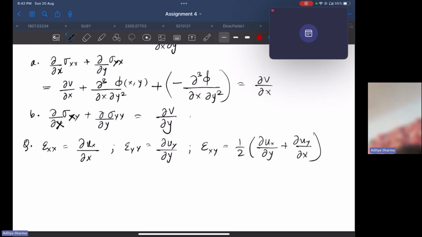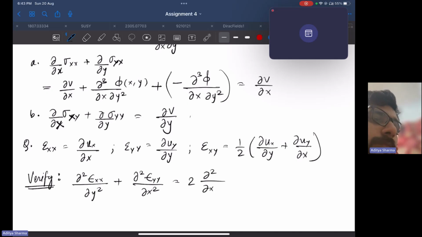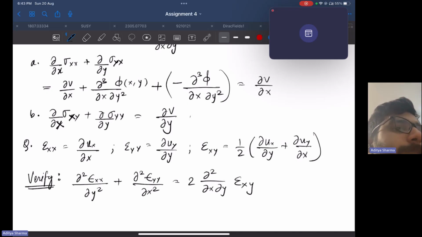Now we will verify the equation. This is called the compatibility condition.